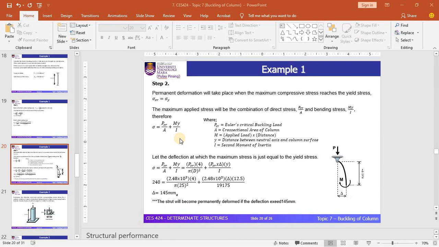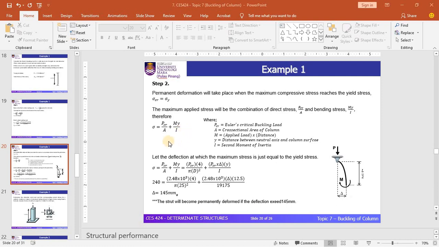Due to this behavior, you need to take into account the bending stress in the calculation, where what you can see in this equation is PCR over A plus My over I. The PCR over A is the axial stress, meanwhile My over I is the stress that develops due to the bending or buckling of the column.